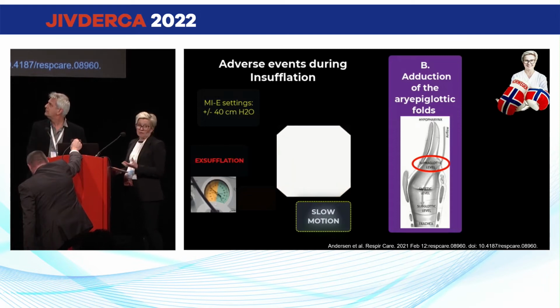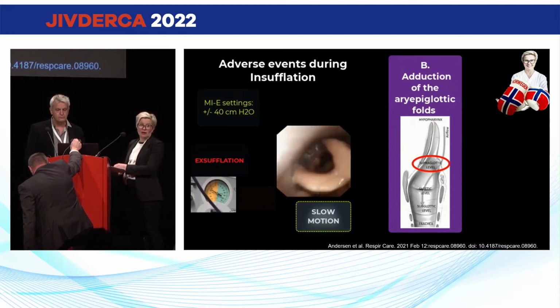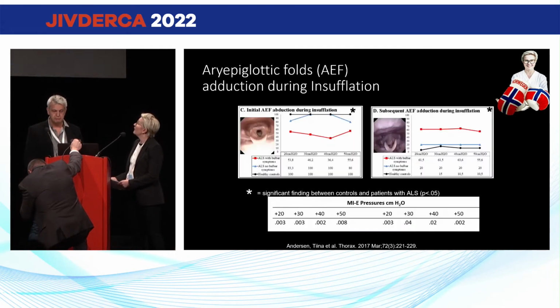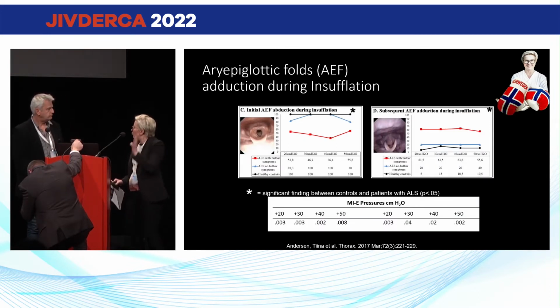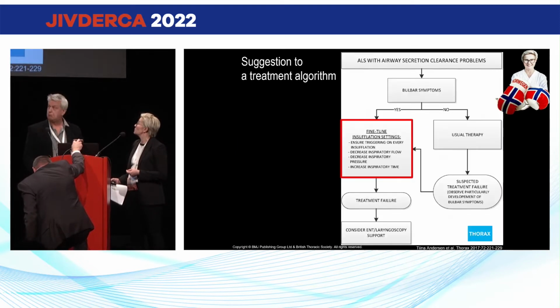The insufflation pressures, the positive pressures, caused a closure in the larynx, predominantly at the supraglottic level, above the vocal folds. It happens either at once or during the insufflation we provided, and it was completely different from the healthy persons and spinal onset patients.